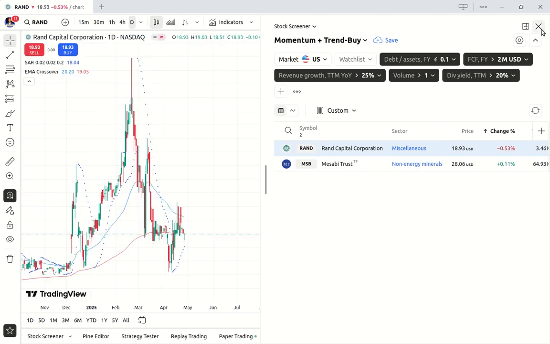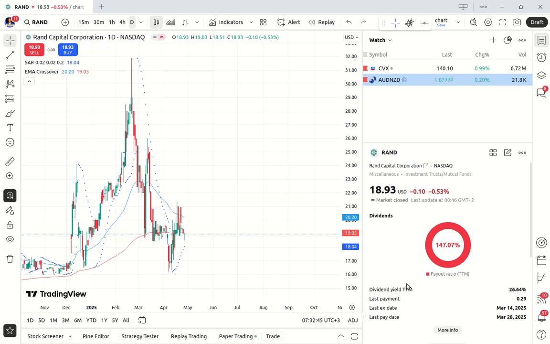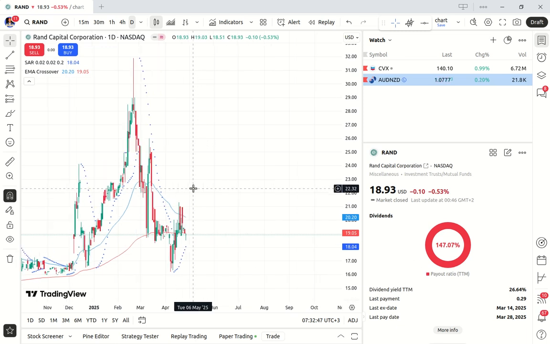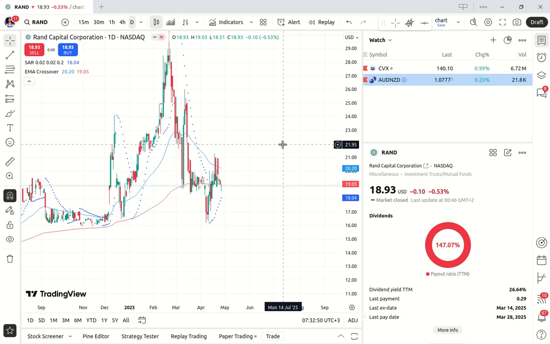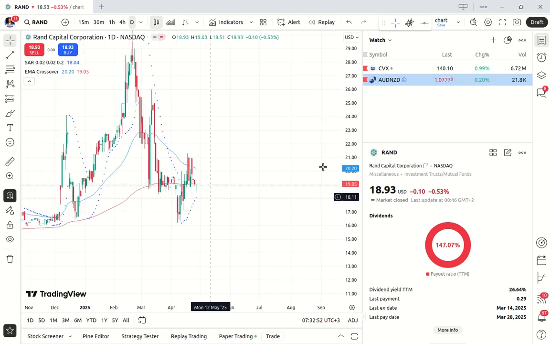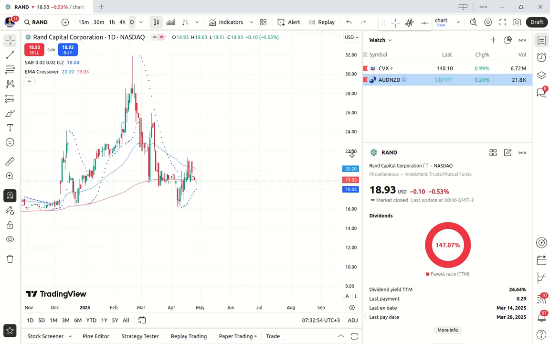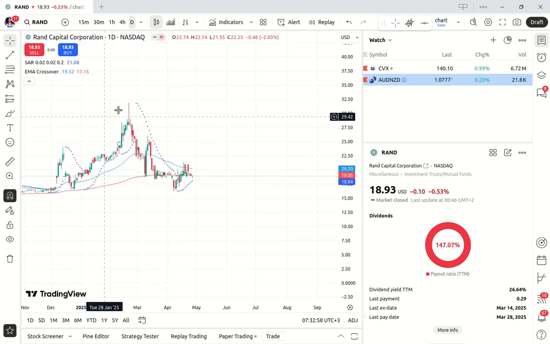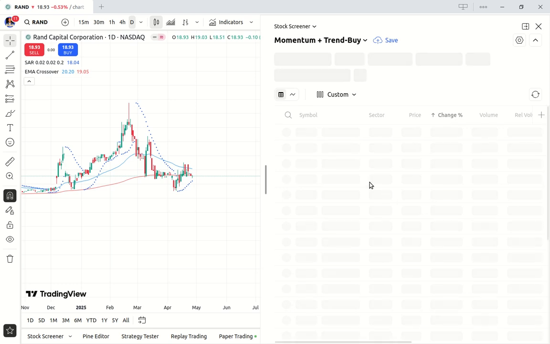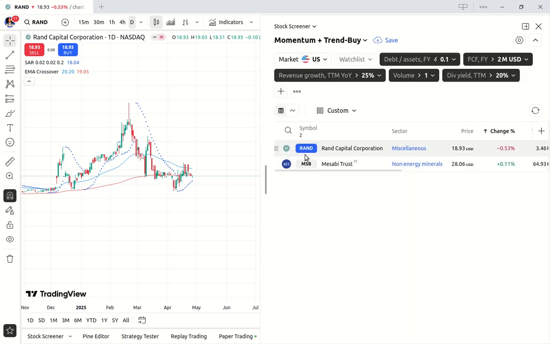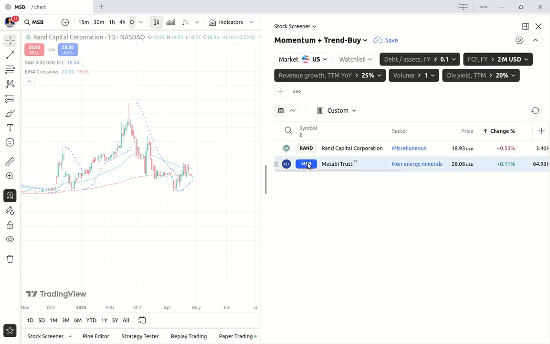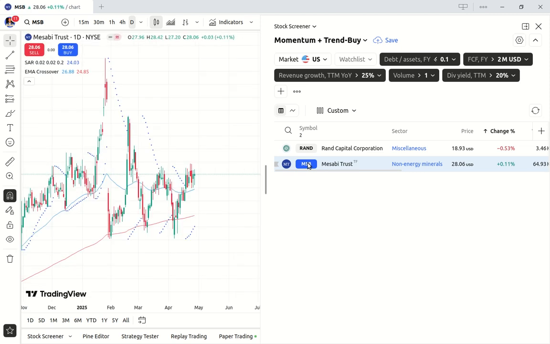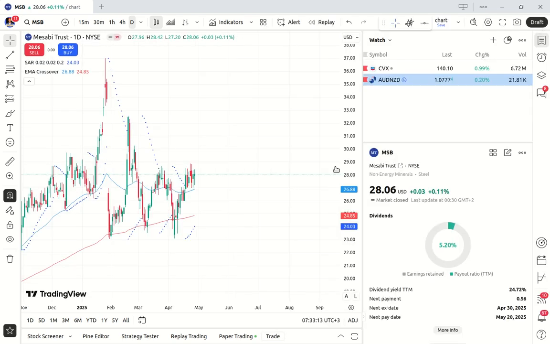So I want you to take note that there are similarities. I know it's not exact, but what I want you to remember is the chart pattern. Look at the chart pattern. It's very, very similar. The chart patterns are very similar.